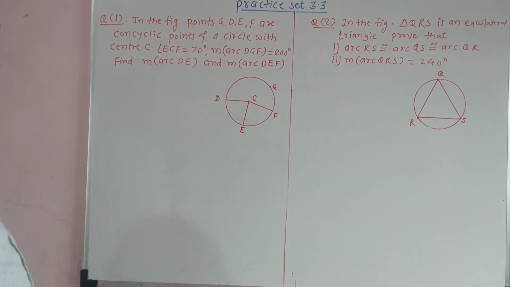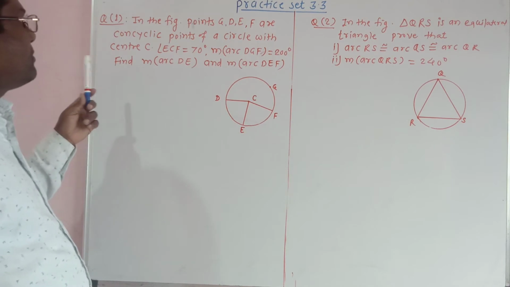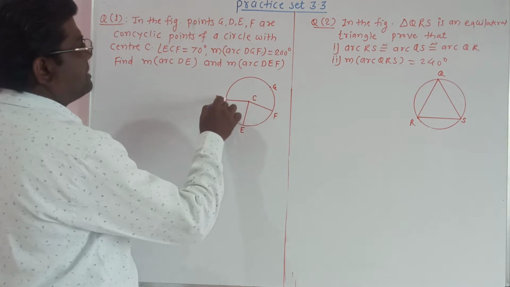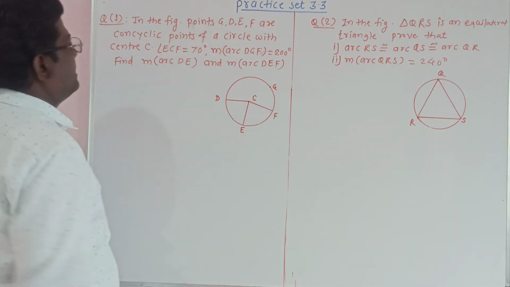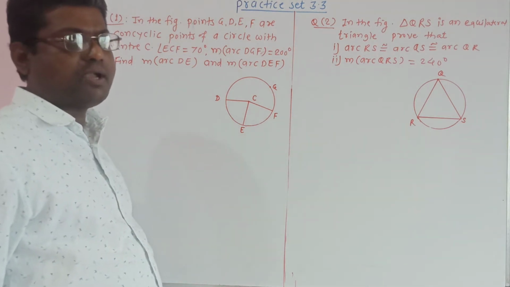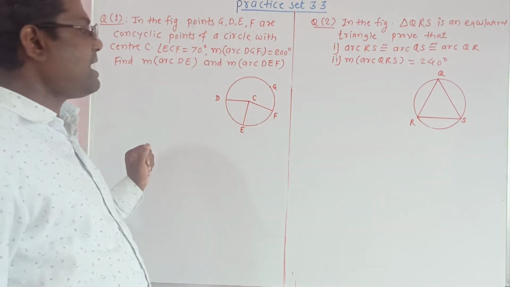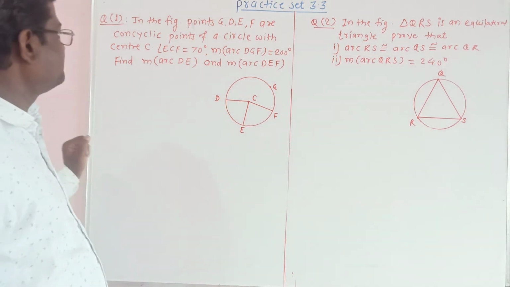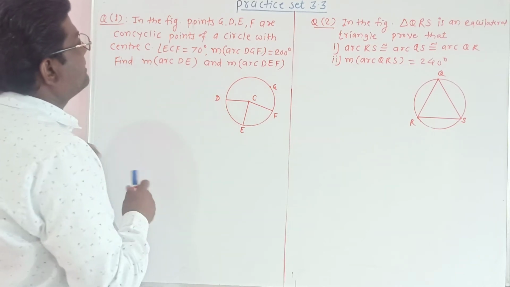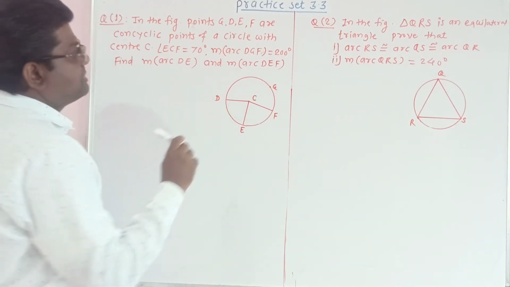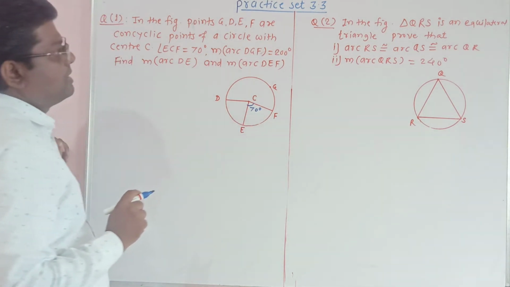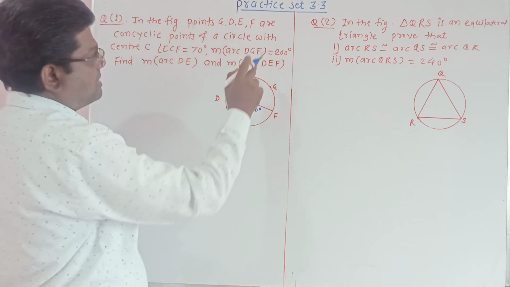Practice set 3.3, question number 1. In the figure, points G, D, E, F are concyclic points. Concyclic points are the points which lie on the same circle with center C. Angle ECF is equal to 70 degrees.